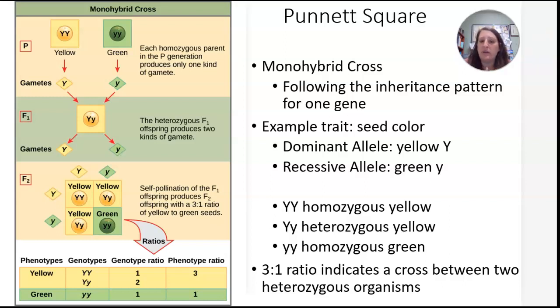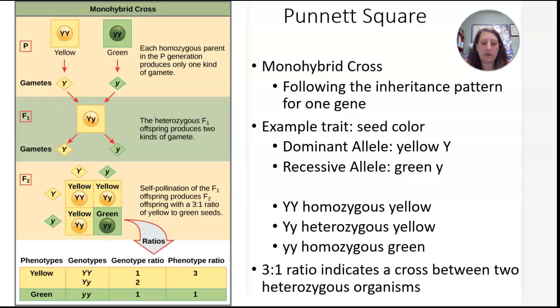We can do this by using something called a Punnett square. I'm going to walk you through this picture here on the left. In this particular example, it's a monohybrid cross where we're looking at the transmission of seed color in pea plants. Just one trait, one gene, the seed color gene.